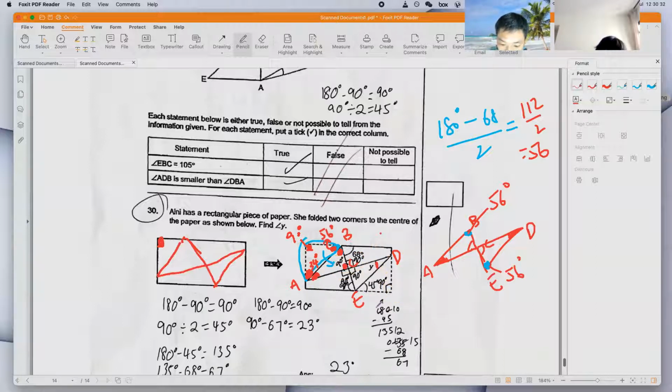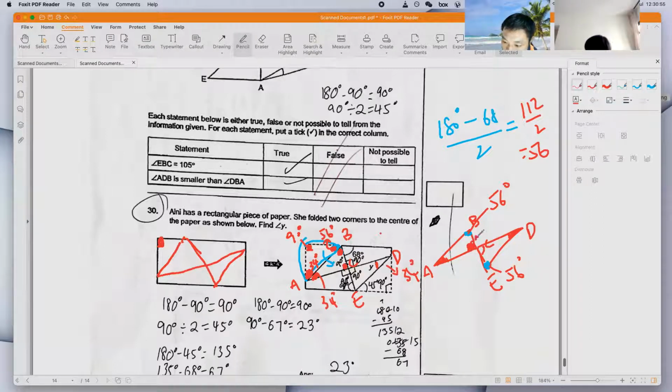I said I'm not sure. I need to prove. So now I have proven it's 90. So this is 90. But anyway, this is 34. So y is 34. Okay.